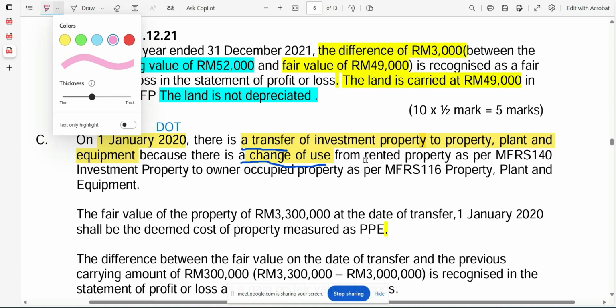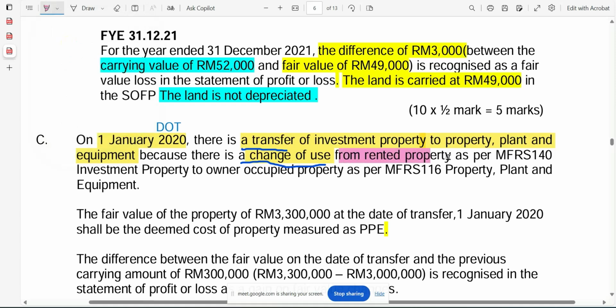The evidence is that from rented property it now becomes owner-occupied property, and this is an admin building. So that was in the first sentence. Explain when is the date of transfer, what happened on the day of transfer, what are the reason for the transfer, and what are the evidence. These are the ones in the first paragraph.